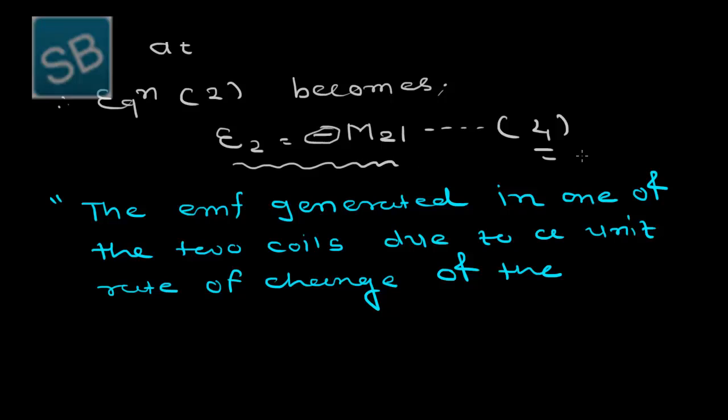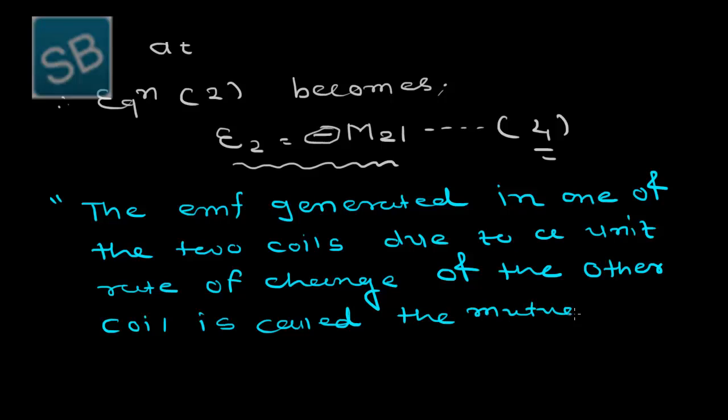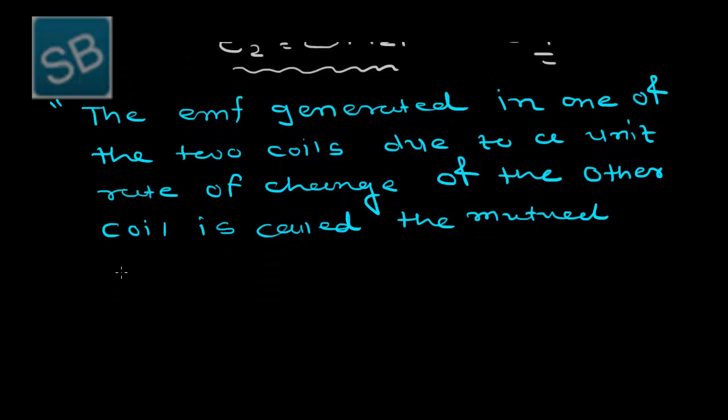Here we have considered the current in coil 1, and so the induced EMF in coil 2 is the mutual induction itself. Is called the mutual inductance of a system.